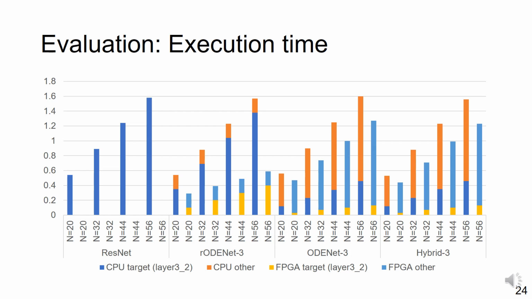From the graph, we can see that the benefit of offloading to the PL part is relatively small for ODNet 3 and Hybrid 3, while it is large for RODNet 3, depending on the percentage of layer 32 in the total execution time. The percentage of execution time for layer 32 in ODNet 3 and Hybrid 3 ranges from 21.24% to 29.64%, while the percentage accounts for 87.87% in RODNet 3.